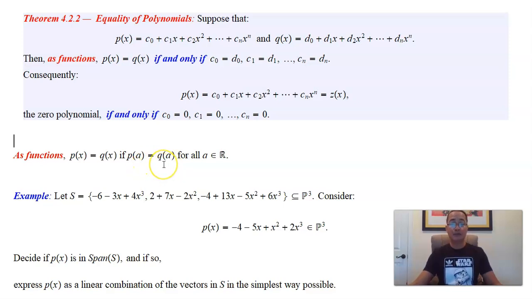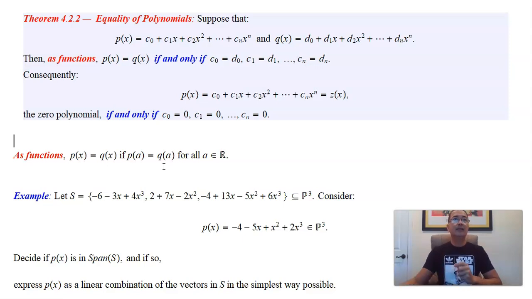P of 5 should be the same as Q of 5. P of negative 3 should be the same as Q of negative 3. Another way of saying that, of course, is that their graphs are exactly the same. If you draw their graphs side by side, they will look exactly the same. If you draw them in the same Cartesian coordinate system, they will overlap each other.